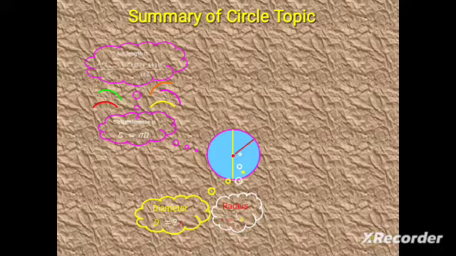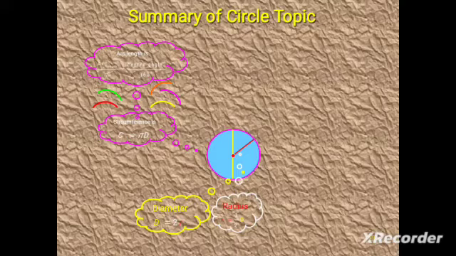Another part from the circumference, we have the arc length, or the length of an arc, given by theta over 360 degrees, where theta is the angle subtended at the center by the minor arc or major arc.